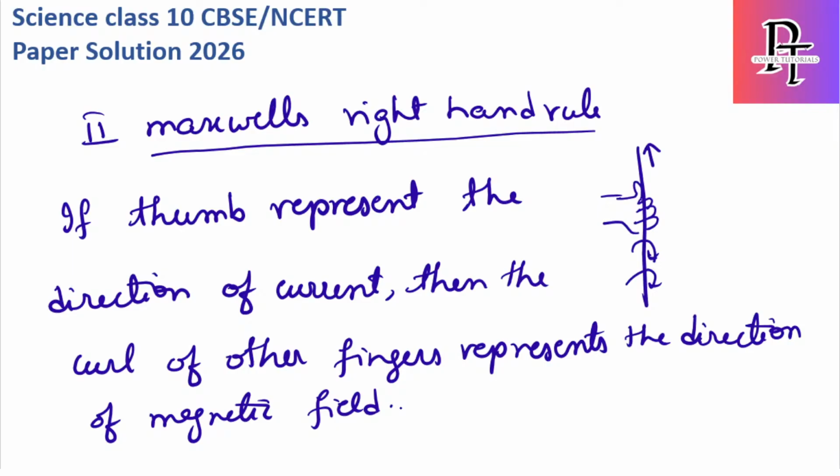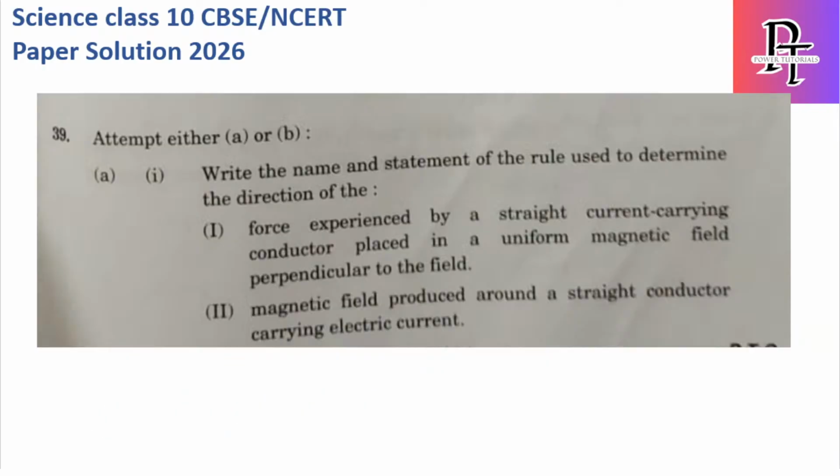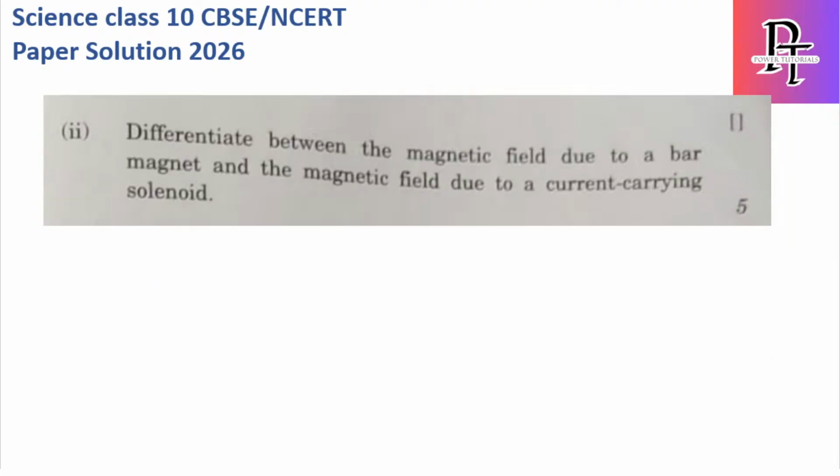So let's move to the next question. Let's move to the second question. Differentiate between magnetic field due to a bar magnet and the magnetic field due to a current carrying solenoid. Let's write a table so that it will be easy to differentiate.